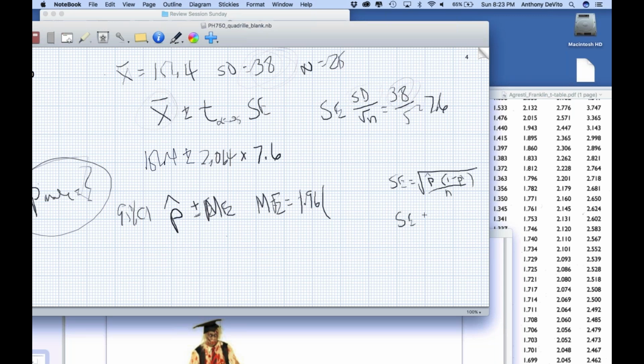So our standard error is going to be equal to the square root of 0.58 times 0.42 over 100.